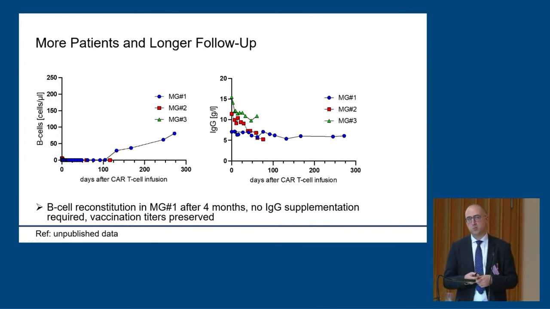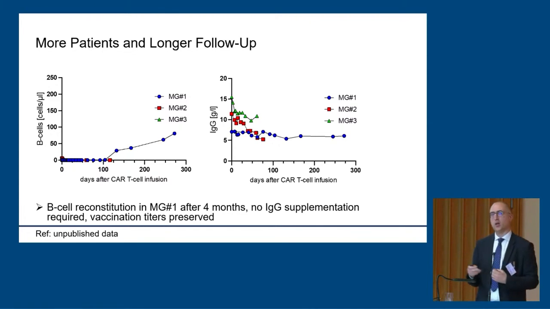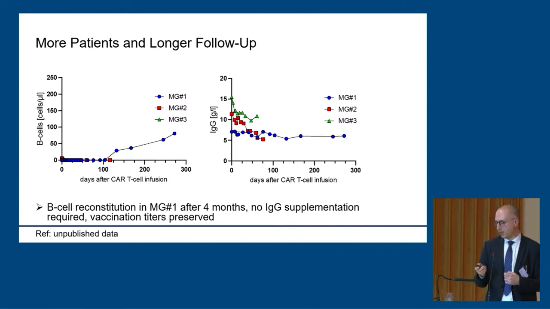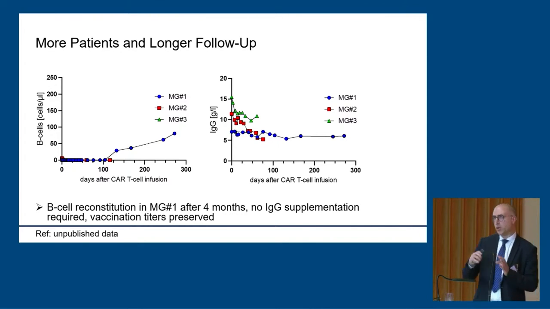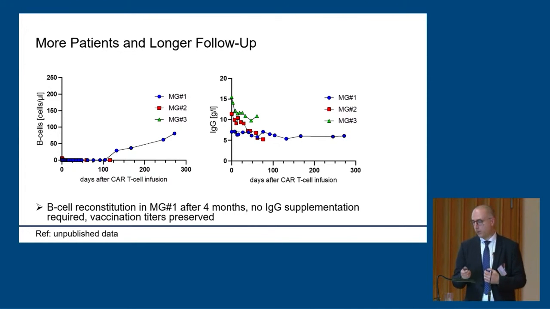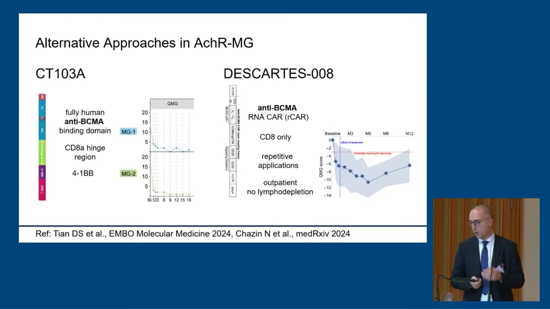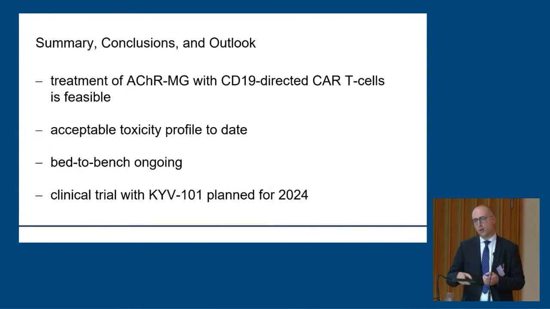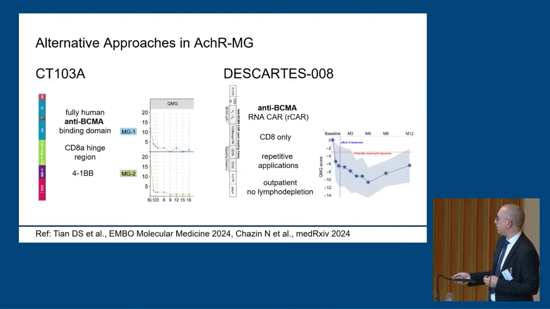In terms of what else is going on, besides our approach with CD19 CAR T cells, there were recently 2 publications I want to mention, and this refers only to AChR-positive MG, not MuSK, because we've worked already with the AChR CAR T cells. These new developments are very exciting. There have been 2 publications that go another route in terms of the target antigen: 2 anti-BCMA targeting CAR T cell approaches.